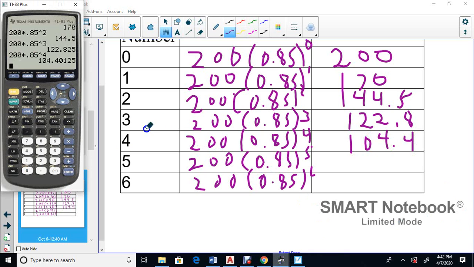And the next one, 200 times 0.85 to the exponent 5, 88.7.